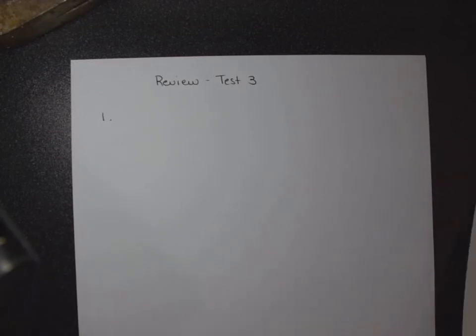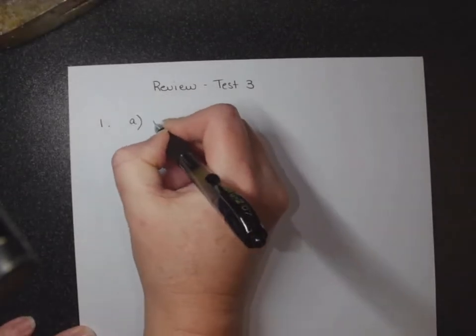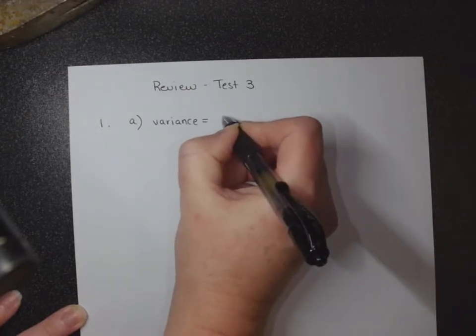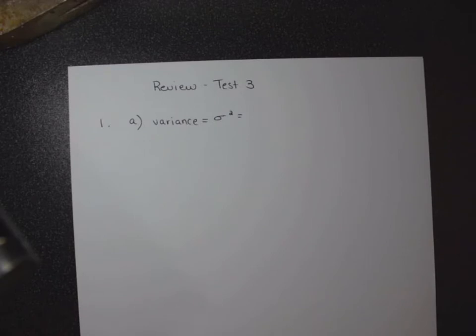Okay, so if you want the formula for variance, remember we have a couple of different versions of that. I know it's been a little bit, but first of all, variance is equal to the standard deviation squared. We often call it that. So I'm just going to write out a few of these.